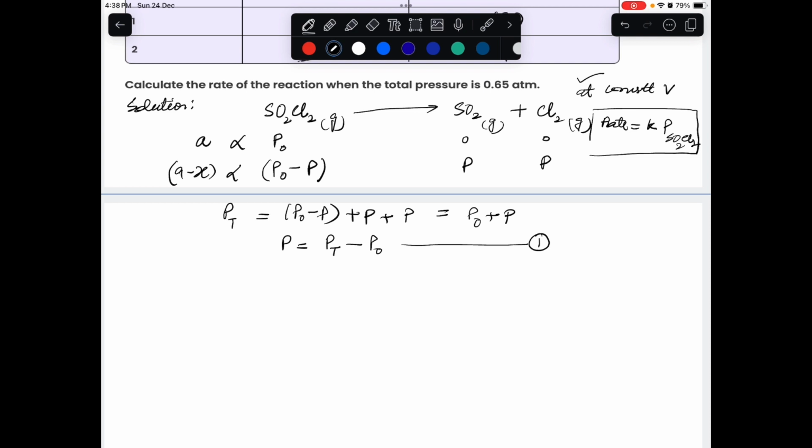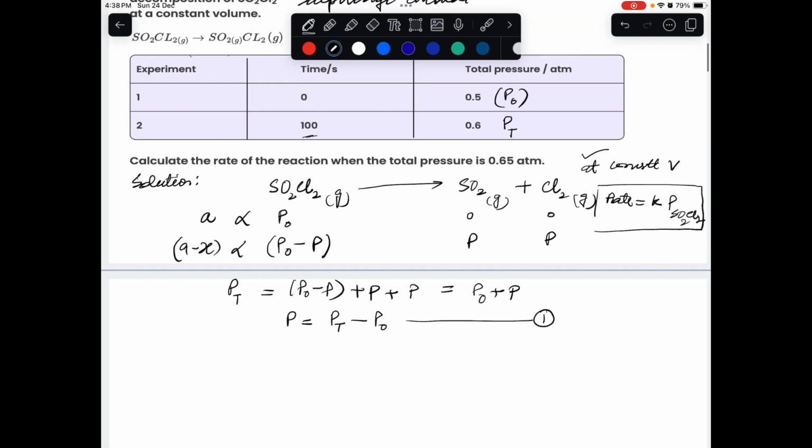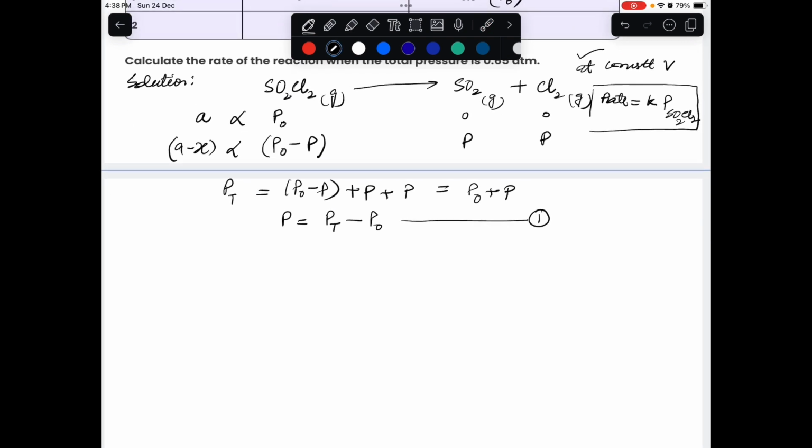Okay, now here the known parameters are either P naught or P total, but we do not know what P is. So therefore, we cannot write down A minus X as P naught minus P because we do not know P. So therefore, we will put down the value of P obtained from equation number 1 to find out P naught minus P. So we will write here P naught minus P can be written as P naught minus the P value from equation number 1, which is P total minus P naught.